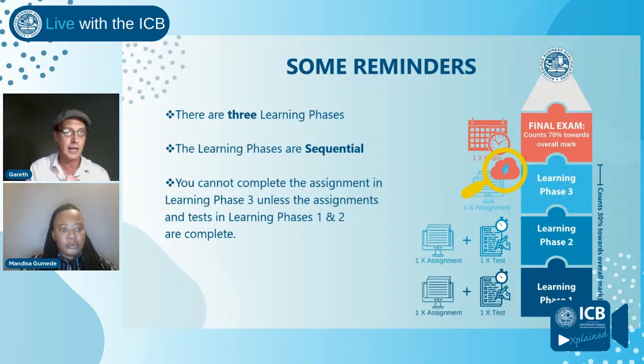Both of which are online for Learning Phase 1. Similarly, Learning Phase 2, the assignment and test are online. You cannot do Learning Phase 3 until you have completed Learning Phase 2.